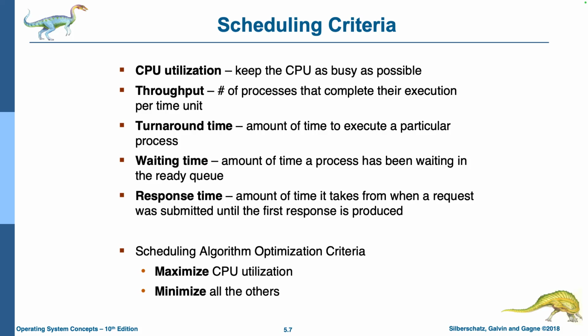A good scheduler should have a minimum waiting time. If an app waits so long without being executed, that's a bad scheduling algorithm. So minimize the waiting time, minimize the turnaround time, and minimize the response time. Like I said, the UI needs quick response.